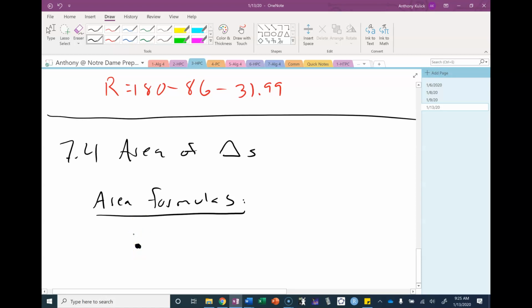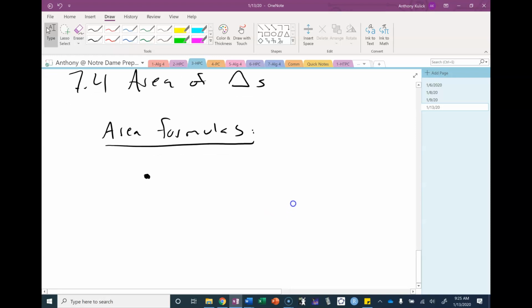So we're going to be presented with a few area formulas in this section. We have one area formula already that you should remember from geometry. Does anybody remember the area formula for a triangle? 1/2 base times height. Great.